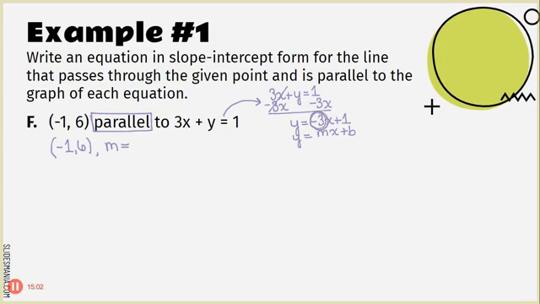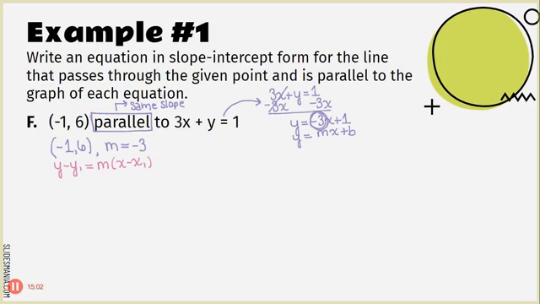And so that's the slope I want to use because parallel lines, we know, have to have the same slope. They have to be the same. So once I identify that information, then I'm going to substitute into our point-slope form. y minus y1 equals m times x minus x1.